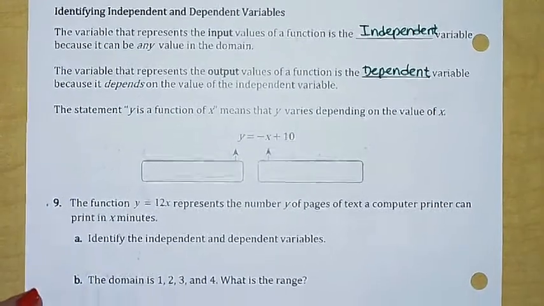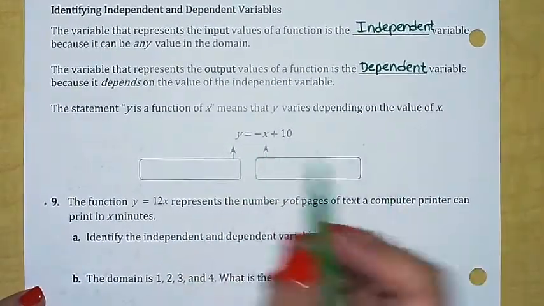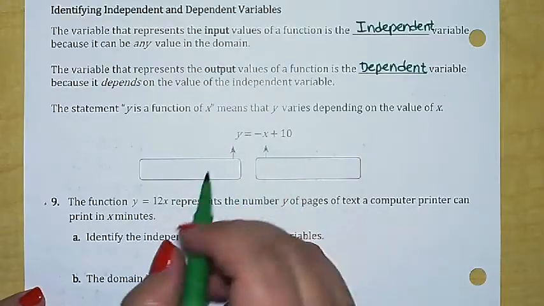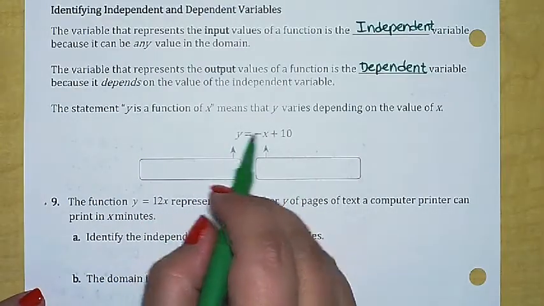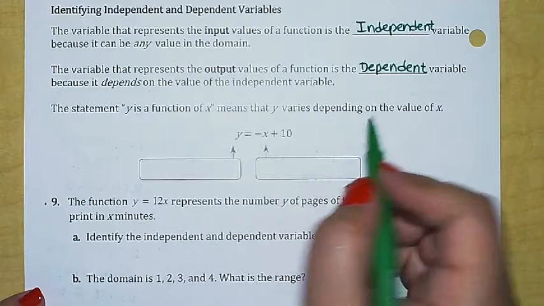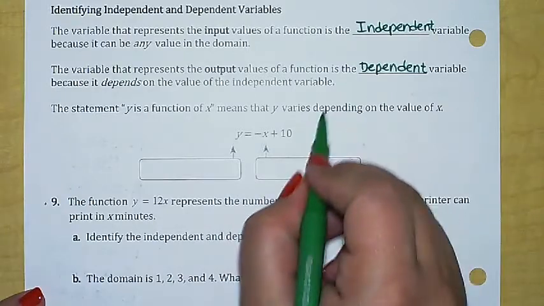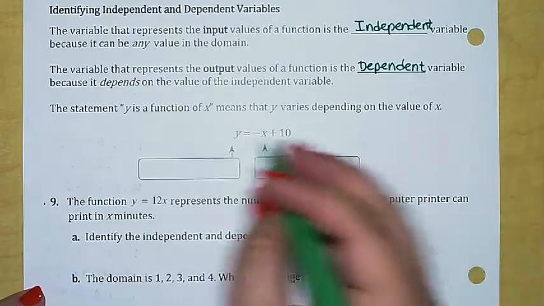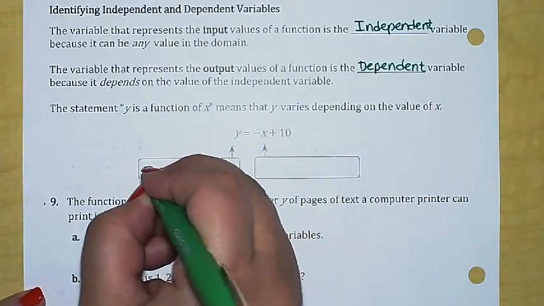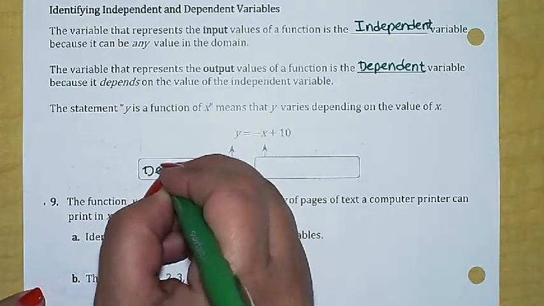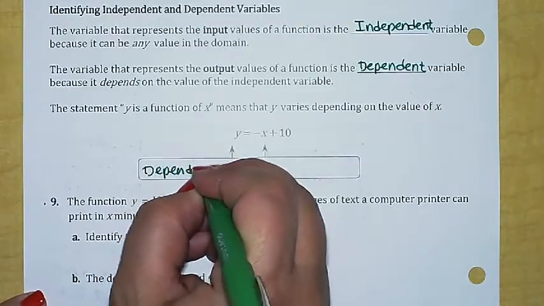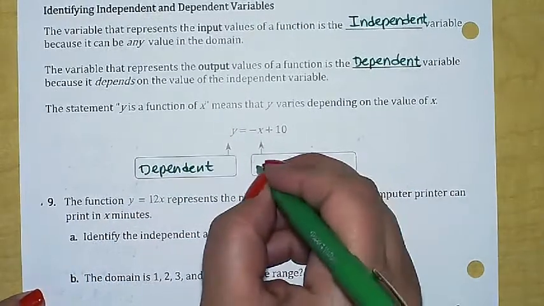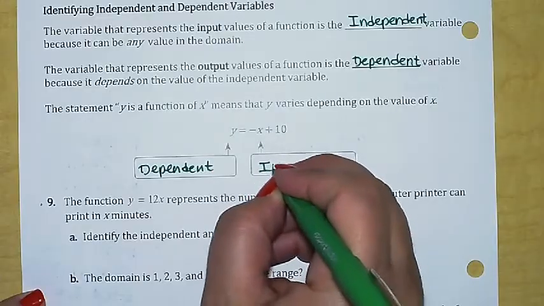And so in any kind of equation, or really specifically function, when we say y is a function of x, it basically means that the y variable varies depending on what you plugged in, right? So the y value will be your dependent. That's your output. And it's going to depend on what you chose as an x value to plug in, which is your independent.